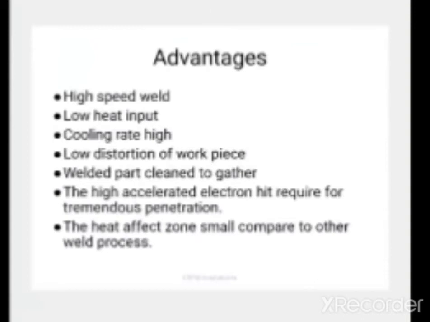Low heat input, the heat required is very less. Cooling rate is high, because after welding the formation of heat is there, and that heat or cold seam should be cooled down in a faster manner. That can be achieved.